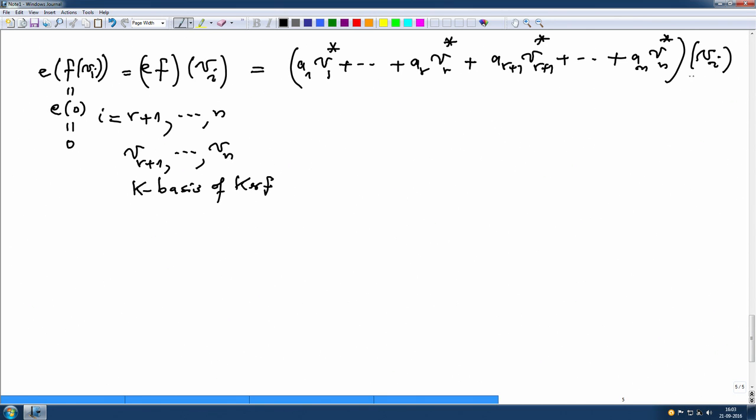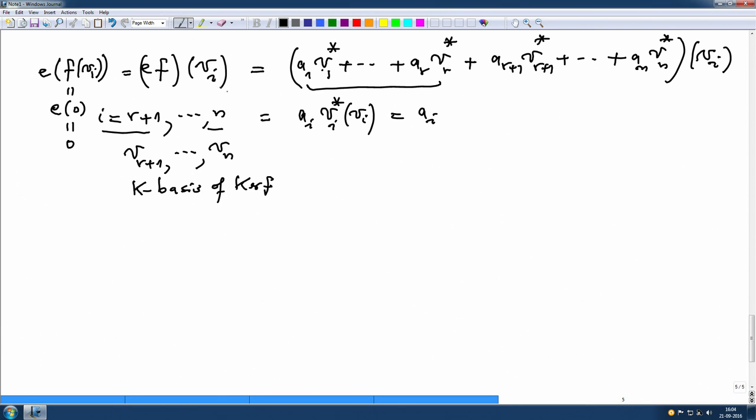Obviously i is taken from R plus 1 to N. So all these Vj star, where j is between 1 and R, are going to vanish here. The only term which will survive is where Ai is coming from. So this is Ai Vi star of Vi, which is Ai. That is the only term that will survive.